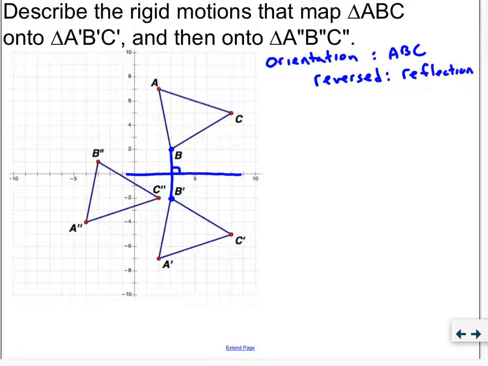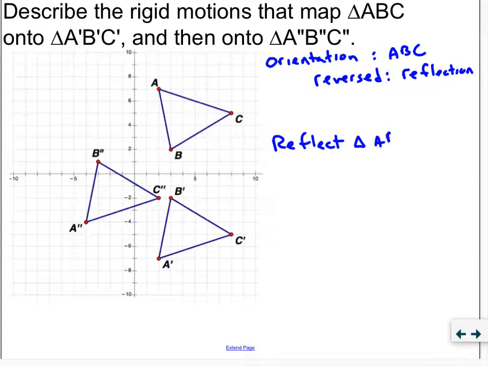So that's going to give us a little clue here that we're going to take triangle ABC and reflect it. So we reflect triangle ABC over the x-axis, and that creates the image, triangle A prime, B prime, C prime.